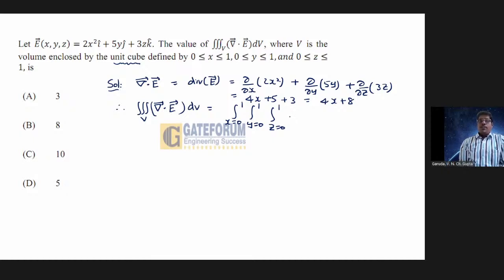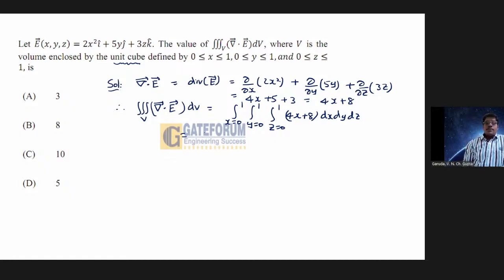So div E bar we got 4x plus 8, and dV means dx, dy, dz. It is just a scalar triple integral. When all the limits are constant and the integrand can be written as a product of factors, each factor containing only one variable, such a triple integral can be written as a product of single integrals, that is, individual integrals.